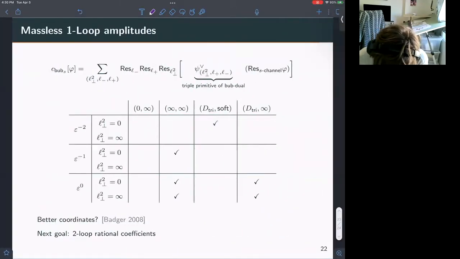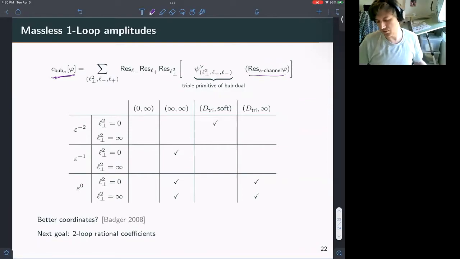But the interesting thing of this 4D limit is that we can find a compactly supported form for the bubble itself, and it looks roughly like this. It's a triple residue of some primitive times the S channel cut or the T channel cut, whatever it is, of the Feynman integral.